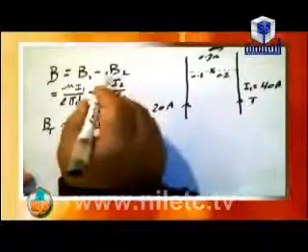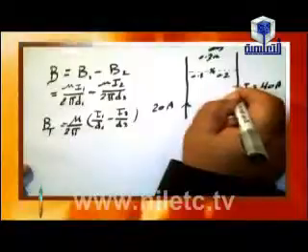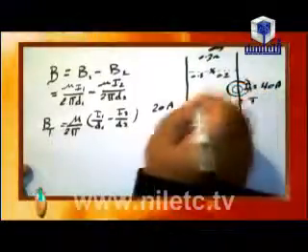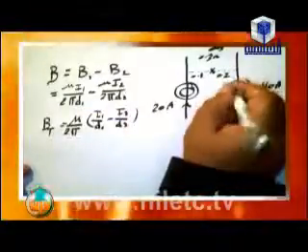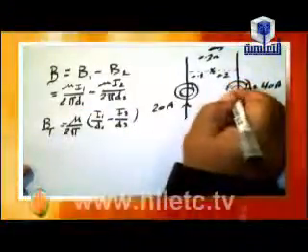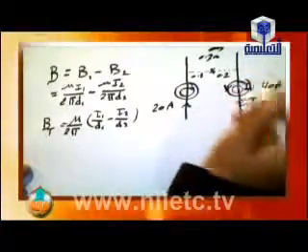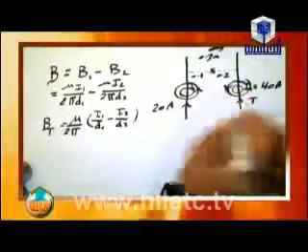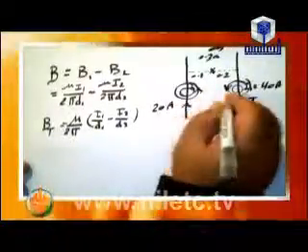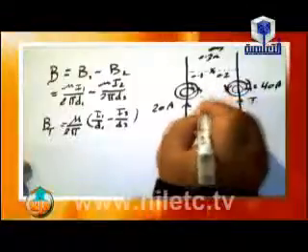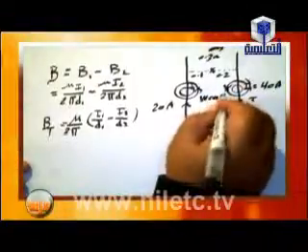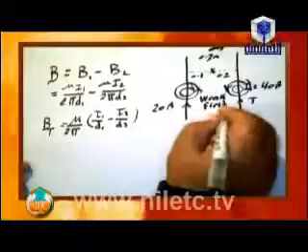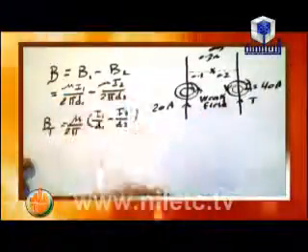This is in case the current passes in the same direction, because we can find the direction of the field by using Ampere's right hand rule. The flux lines of the two wires are opposite to each other, so there is a weak field between them. So the net field will be B1 minus B2.